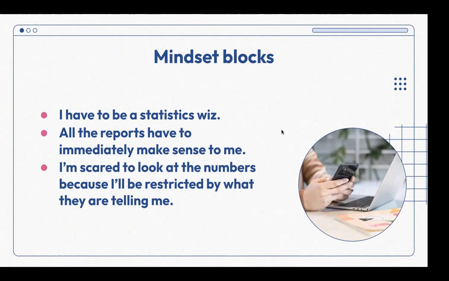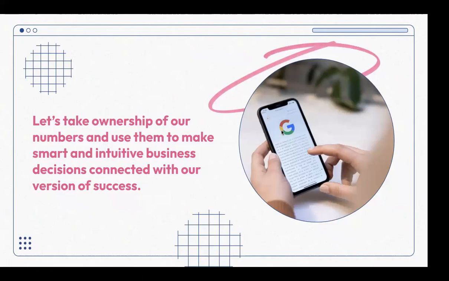Knowing how your marketing, your content, and your website are performing is going to help you make better decisions. All right, so let's take ownership of our numbers and use them to make smart and intuitive business decisions connected with our version of success. And this is really what I hope you walk away with in this training.